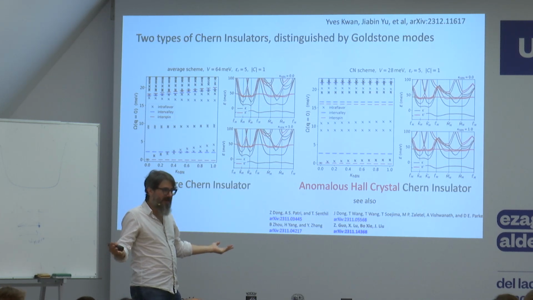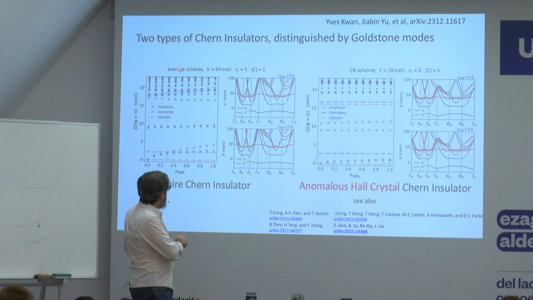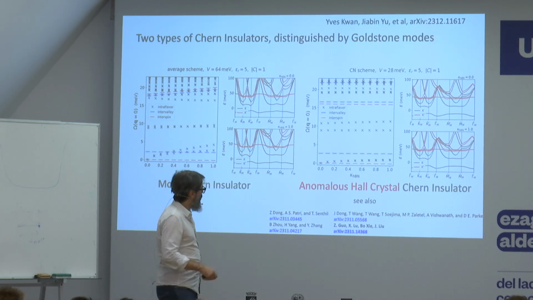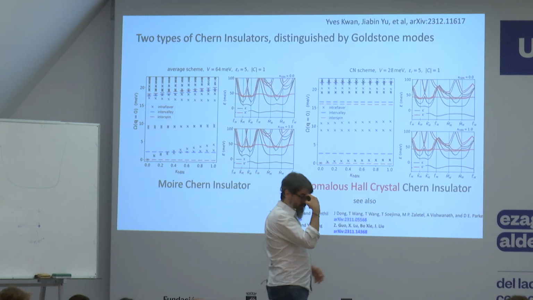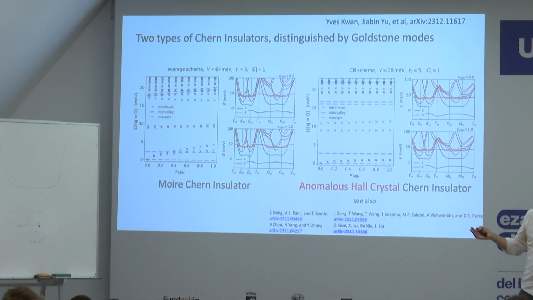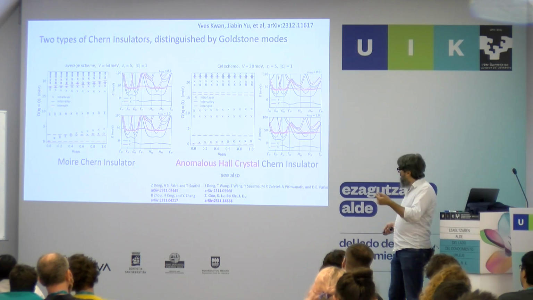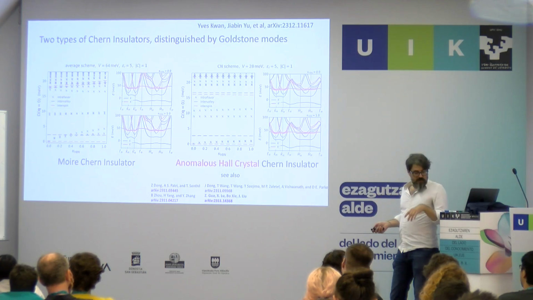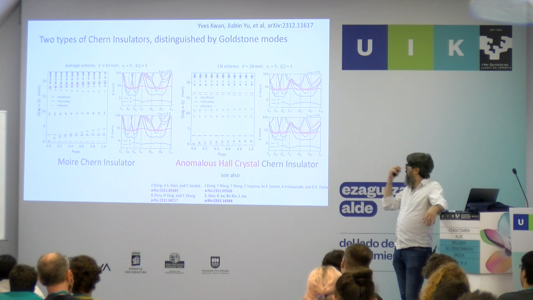But at one moire, I should expect to have some moire effects in this average scheme, less in the charge neutrality scheme, where I project. There I should have moire effects of order 0.1 milli-electron volts, which is very, very tiny, because the conduction bands are far away.